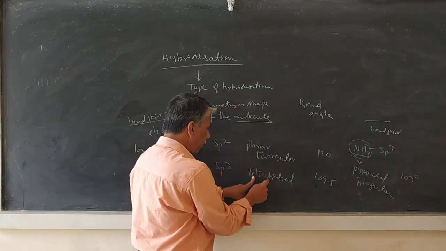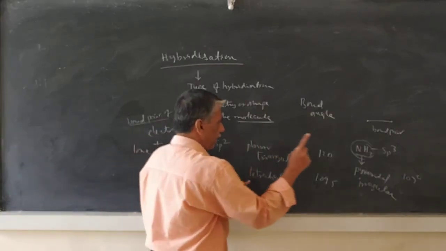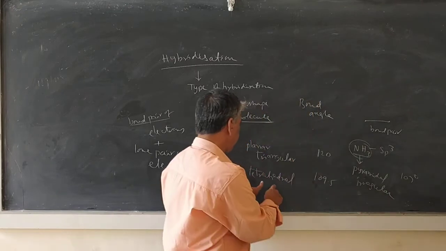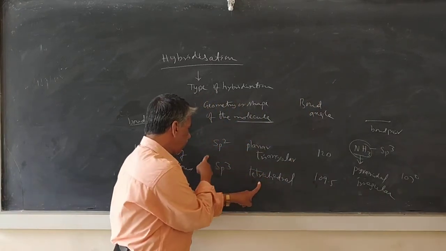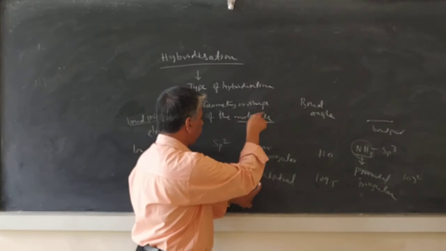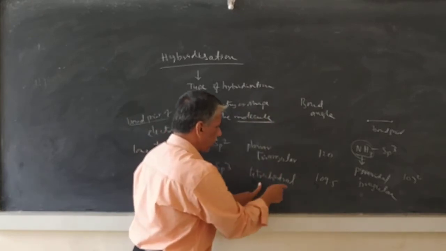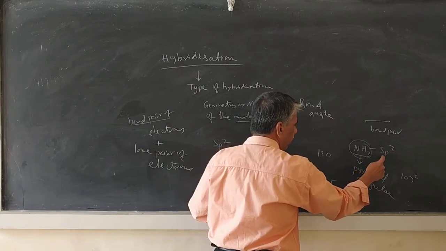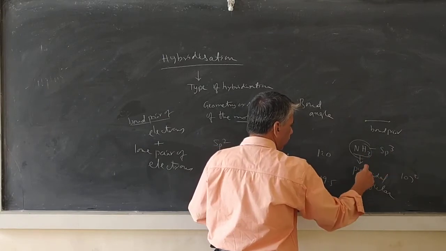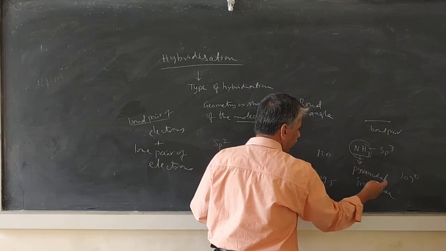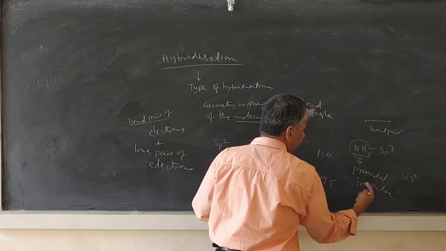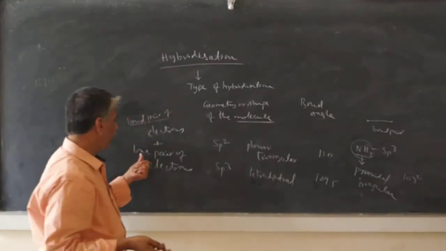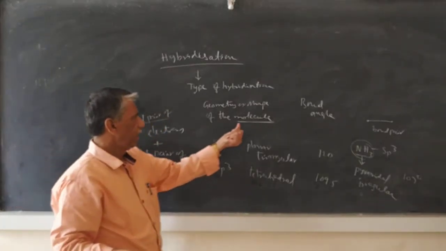Expected shape is regular geometry, unexpected shape is irregular geometry. If the hybridization is sp3, the expected geometry is tetrahedral, but here the shape is pyramidal. Such geometries are called irregular geometries, due to the presence of lone pair of electrons in the molecules.